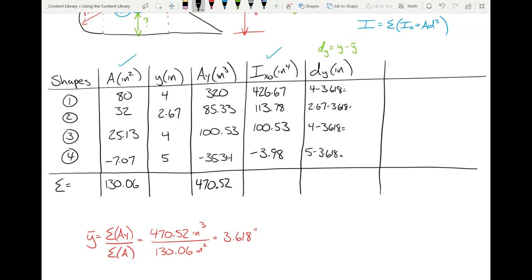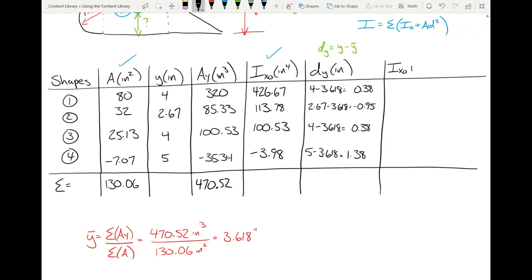So when we chug this out, we get 0.38, negative 0.95, 0.38, and then 1.38.